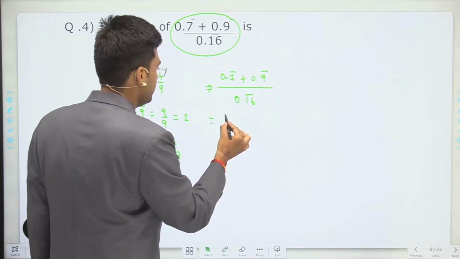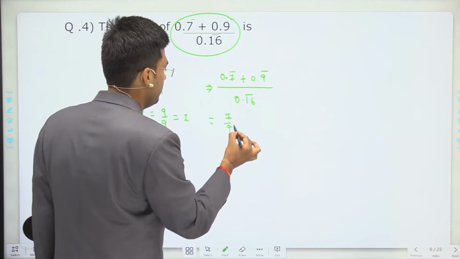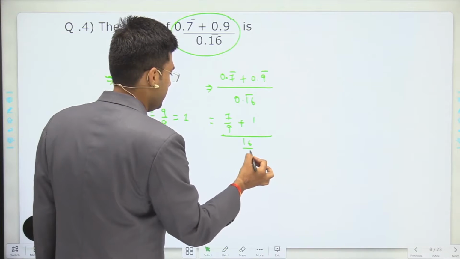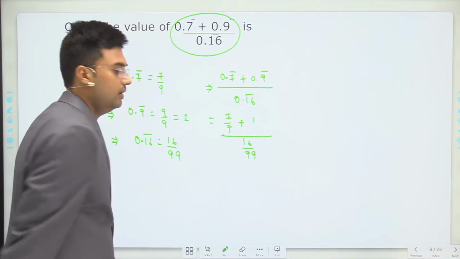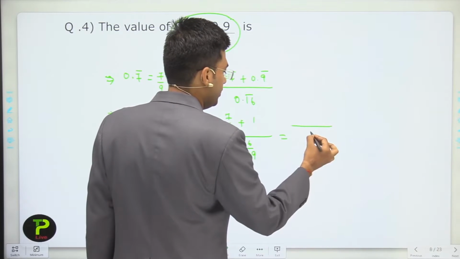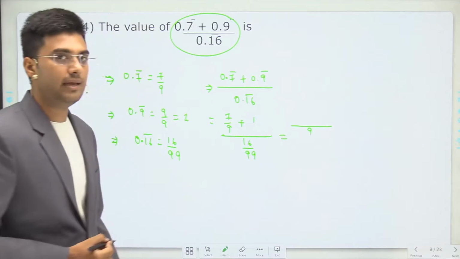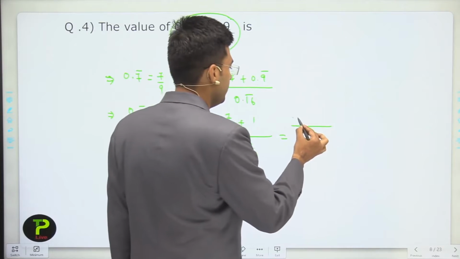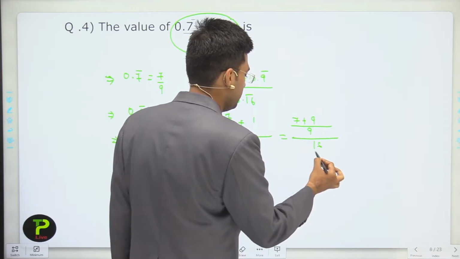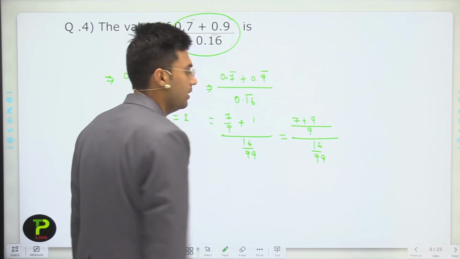We will get 7 by 9 plus 1 divided by 16 by 99. When we solve this, in the numerator we take LCM 9, and it is equal to 7 plus 9 divided by 16 upon 99.